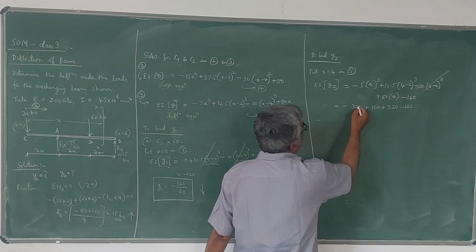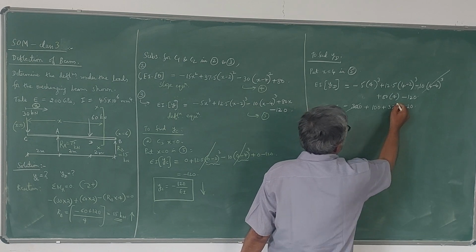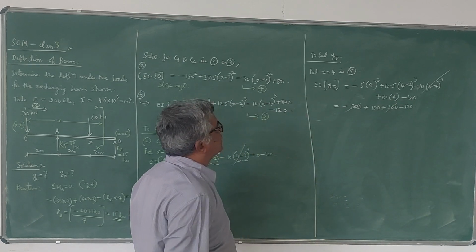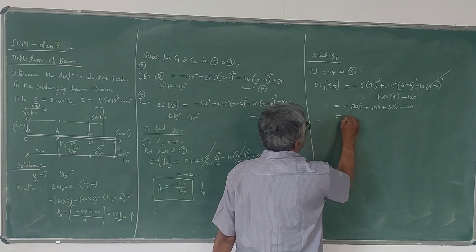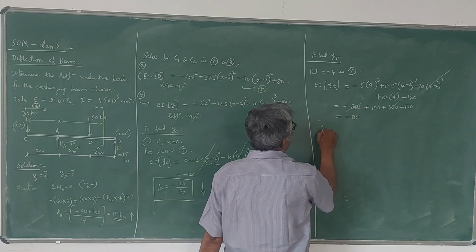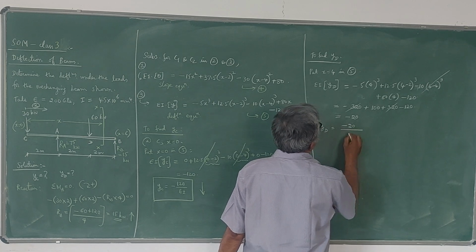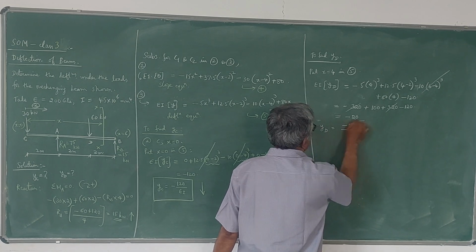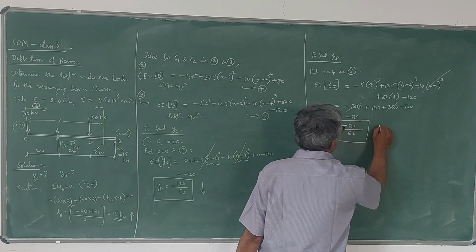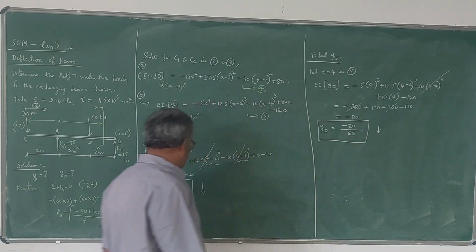Of course, this minus 320 and plus 320 will get cancelled. So you will be left with minus 20. Therefore, YD will be minus 20 divided by EI. Here also it is minus, which means the deflection is downwards.